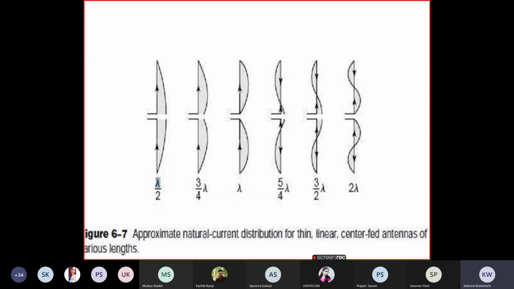Like this, for the different lengths of the thin linear antenna, the current distribution is shown in this figure: the approximate natural current distribution for the thin linear center-fed antenna of various lengths. Usually the current distribution is sinusoidal, which is considered as an approximation.